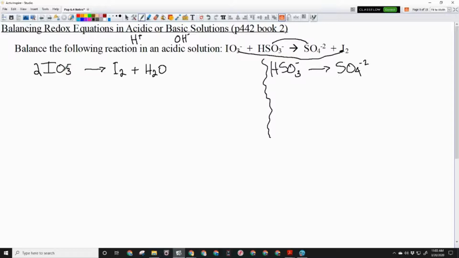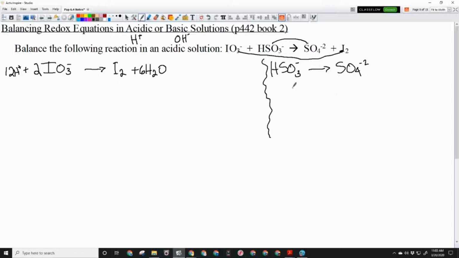We have 3 oxygens here, and we have 2 of them, so 2 times 3 is 6, so we put a 6 in front to make 6 oxygen. Now we have hydrogen on this side where we don't have hydrogen on the other, so we have to fix that. 6 times 2 is 12, so we add 12 hydrogen over on this side. All right, so now we have everything balanced: 12 hydrogen, 2 iodine, 2 iodine, 6 oxygen, 6 oxygen.